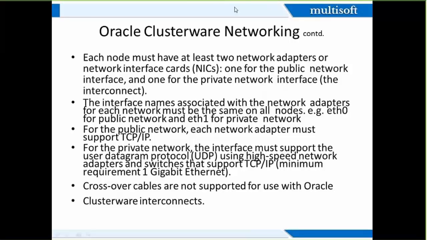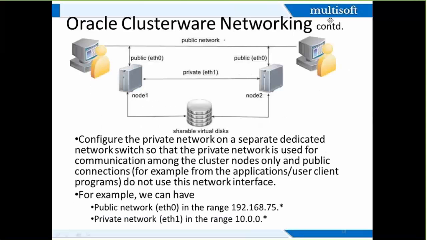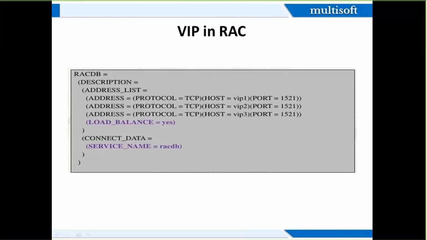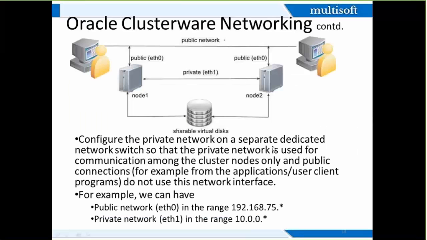The next thing is, when we talk about public and private networks, both should be on different IP ranges. Here you can see I have defined 192.168.1.75 for the public network, but the range for the private network is 10.0.0.something.